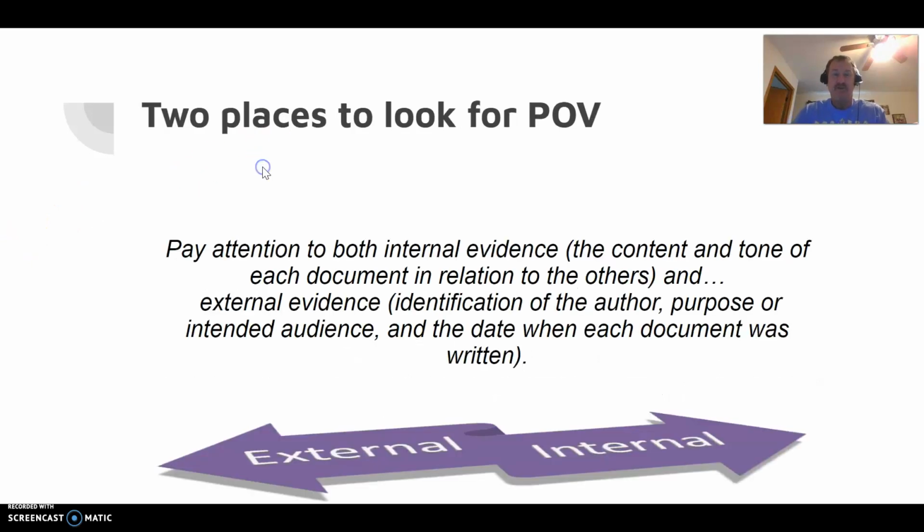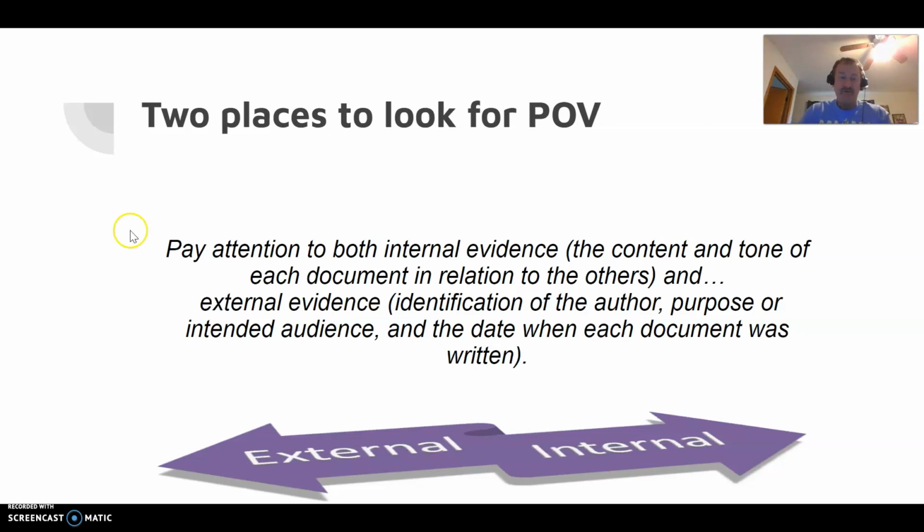All right. So what are we talking about? We're talking about the point of view of different documents that come from the attribution. We'll get to attribution here in a few seconds. There are two places you could actually analyze point of view. The first one, internal evidence, is the harder of the two. That's reading the document, taking information from the document, and analyzing it from the tone of the document.